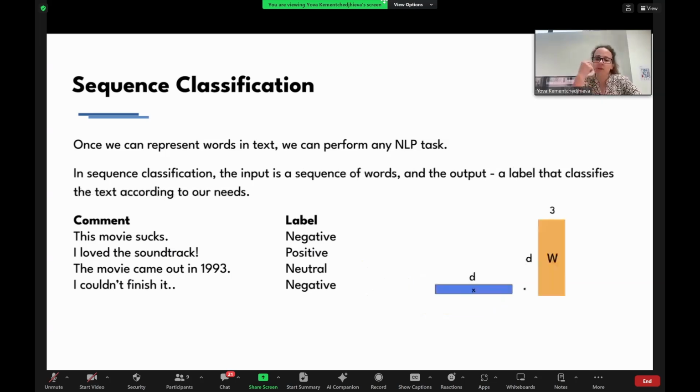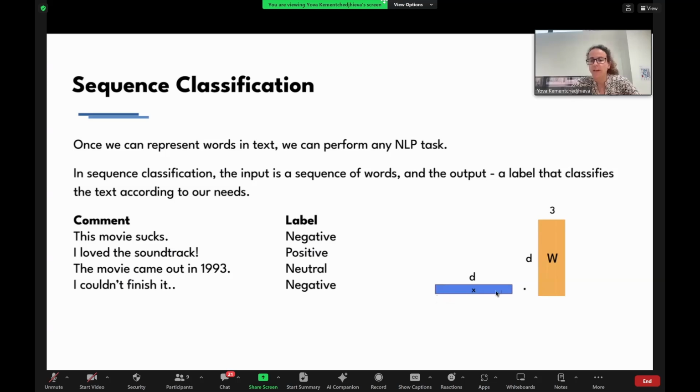The way we would go about that is we would want to have a representation of the input text and this matrix W, which has the dimensionality of the input text representation on one hand, and on the other, the dimensionality of the classes that we're working with. So here W would be a D by 3 matrix because our input has D dimensions, and there are 3 possible labels we want to predict: negative, positive, or neutral.